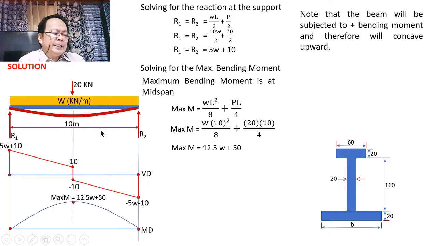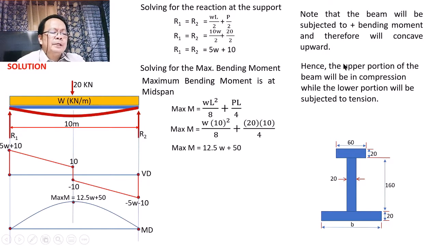Kasi makikita natin yan that if it will concave in the upward direction, then masasabi natin that the upper portion of the beam will be subjected to compression. Itong bahagi. Kung ito yung ating neutral axis, itong bahagi ng beam above the neutral axis will be subjected to compression. While the lower portion of the beam, yung lower part ng beam below the neutral axis, will be subjected to tension. Diba?